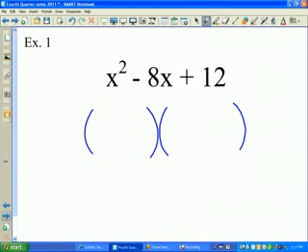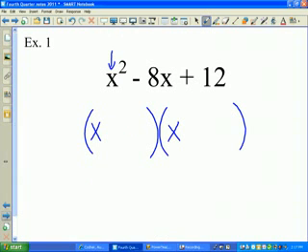So now we're going to solve factoring in reverse. So I have my two parentheses. Now I'm looking at my first term. Whatever my variable is, I'm going to split those two variables in each of the parentheses.